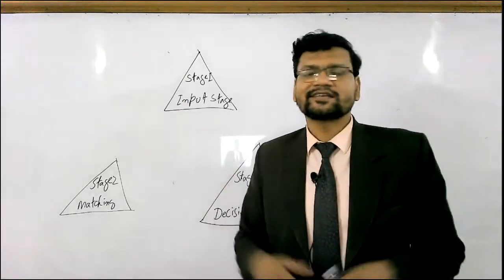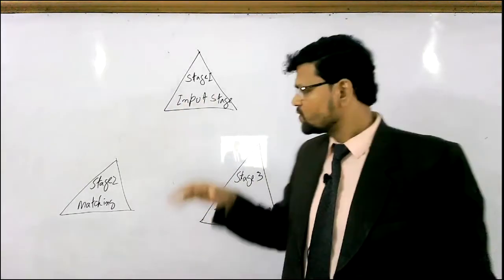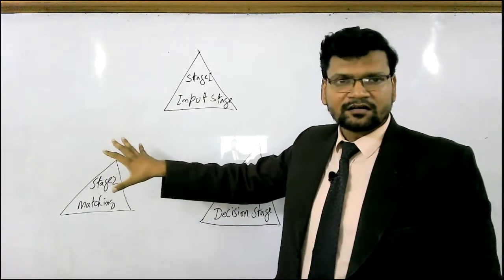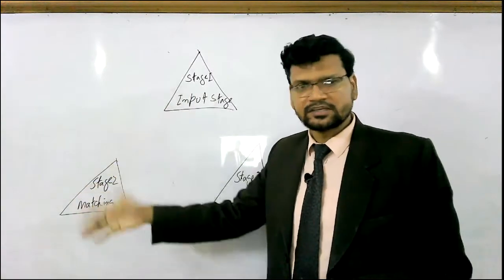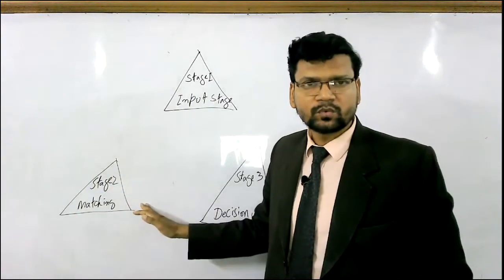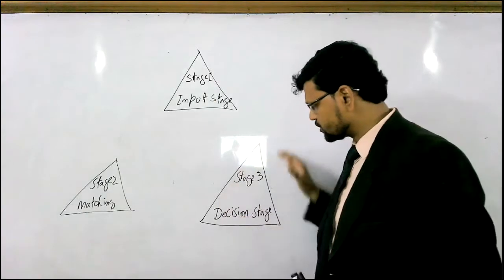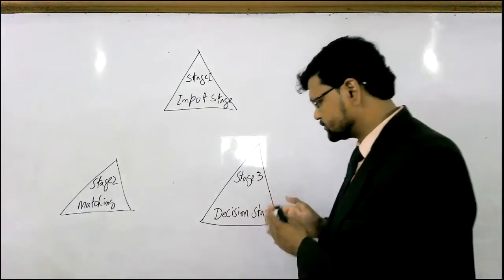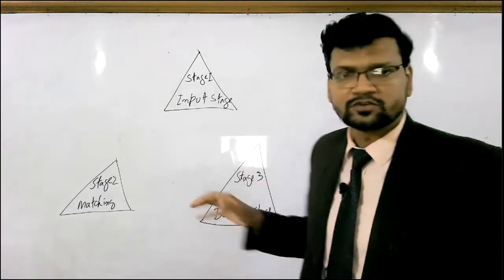You will see what is included in stage 1, what types of matrices and strategies the strategists use to formulate strategy, and what their work is in stage 2. At the last, we will discuss stage 3, the decision stage, and then we will conclude all of this.